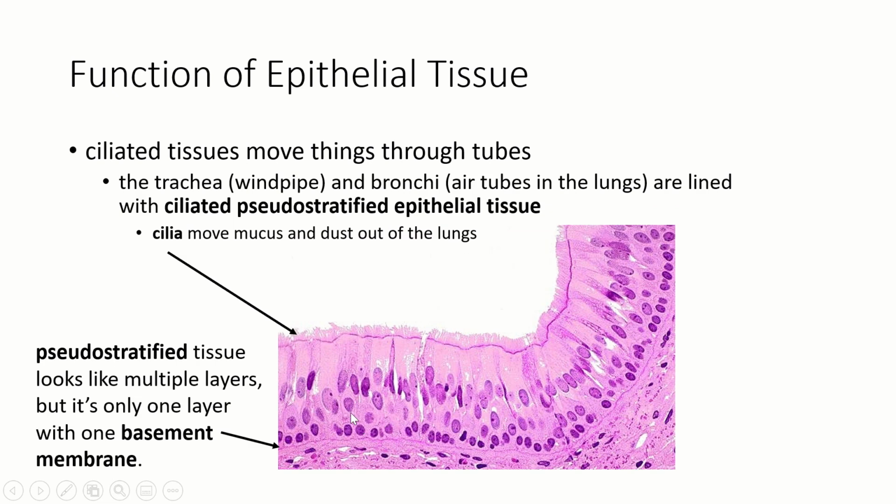Okay. This is a tissue sample from the trachea or a bronchus in the lungs, so some type of air tube in the lungs. You can see again we've got this fuzzy layer of cilia, okay? And if you look down here, it looks as though there are several layers of cells. It almost looks like there's a cuboidal layer and then a columnar layer, or maybe two columnar layers, because you can see the nuclei aren't all lined up in one row.